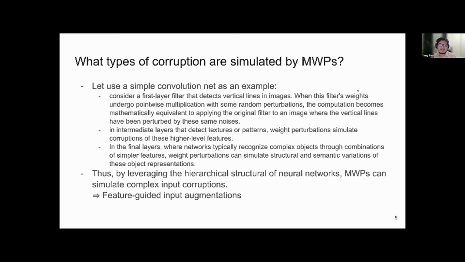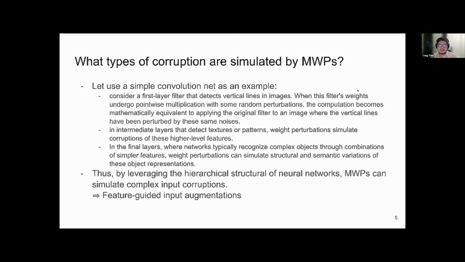For example, in an intermediate layer that detects, for example, texture or patterns, the weight perturbation will simulate corruption of these higher-level features. And then in the final layer of the convolutional net, where the network typically recognizes complex objects through combination of simpler features, the weight perturbation can simulate structural or semantic variation of these object representations.